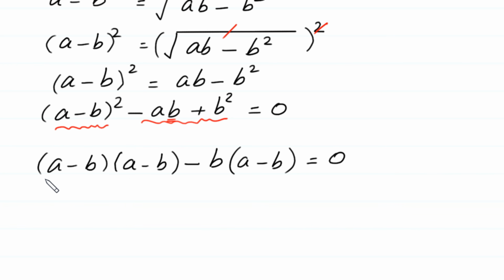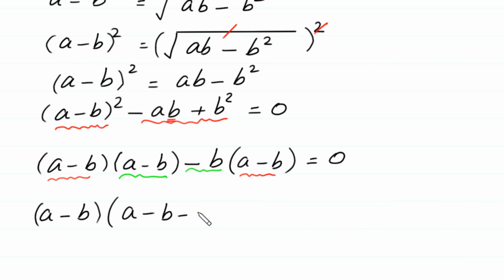Now from here, as you can see, this factor a minus b is a common factor, so we factor out this a minus b as a common factor, and in bracket left, this a minus b minus b is equal to 0.